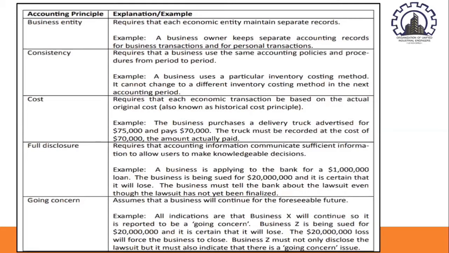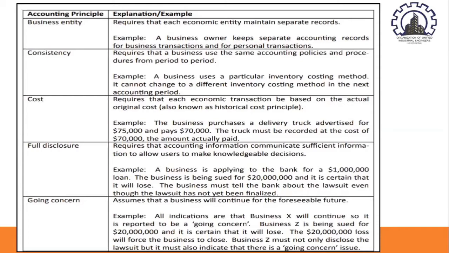And another accounting principle and concept, rather, would be cost. Cost requires that each economic transaction be based on the actual original cost, also known as the historical cost principle.